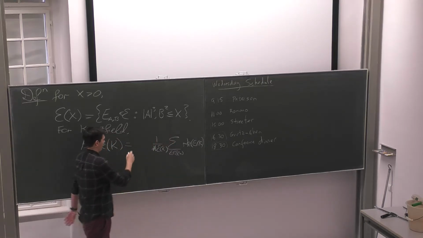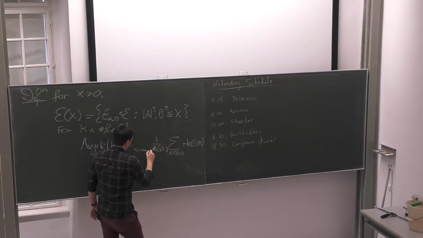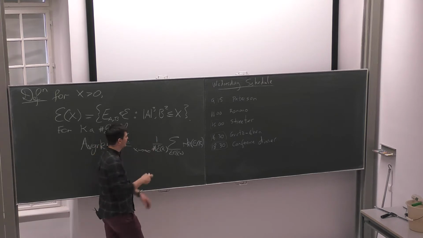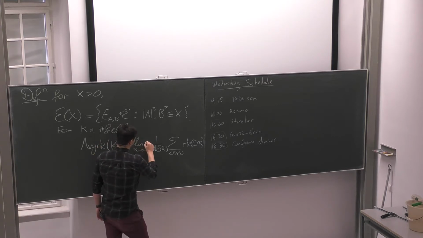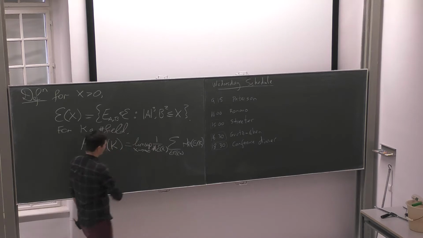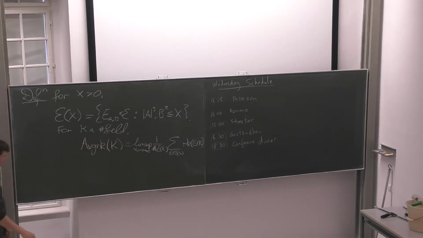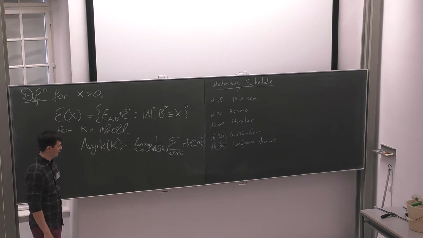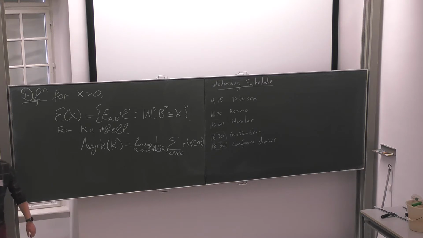And then we let x grow very large. And since we want to know how big it is, we'll take a lim sup. And of course, the reason I have to take a lim sup and not a limit is because there is no number field that we can put here for which we even know that the limit exists. Yeah, it's a bit of a depressing state of affairs there.